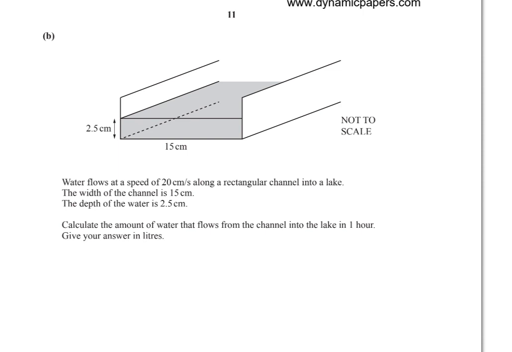You can find the amount of water in 1 second, because this is the rate, by multiplying the speed times the area of cross section. So speed equals 20 centimeters per second.